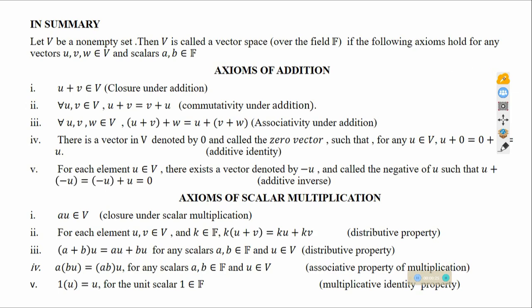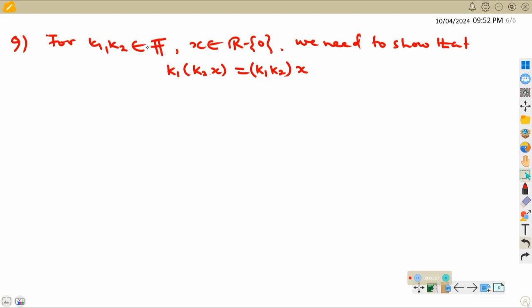To look at it, we have k1, k2 picked from the set F, a set of scalars, and x is an element, or a vector, in R minus 0. We need to show that this one holds.